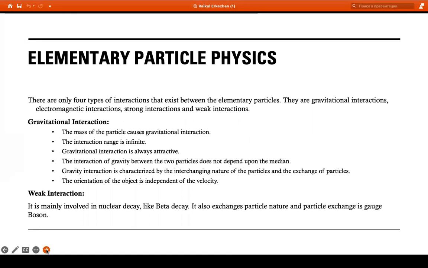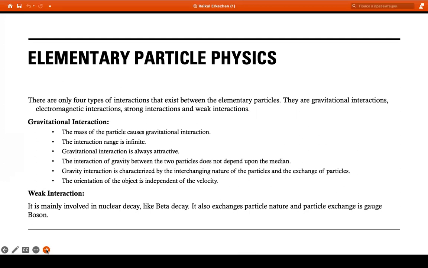In elementary particle physics there are only four types of interaction that exist between the elementary particles: gravitational interaction, electromagnetic interaction, strong interaction, and weak interaction.